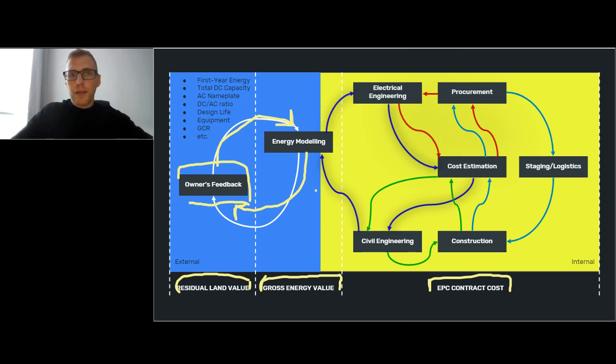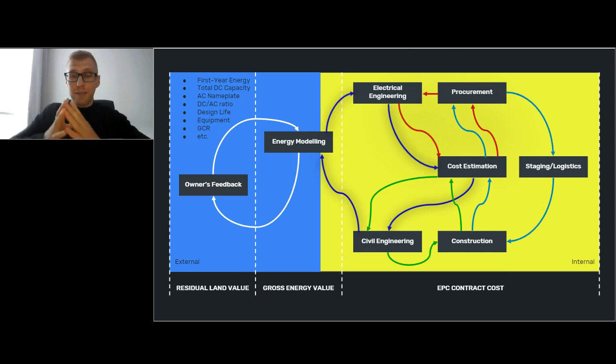But before, just to get to the root of the topic, those are feedback loops between people, like the feedback loop between energy modeling, electrical engineering, civil engineering, cost estimation, construction, procurement. You can think about, let's say, energy modeling needs to achieve 180 megawatts of power.